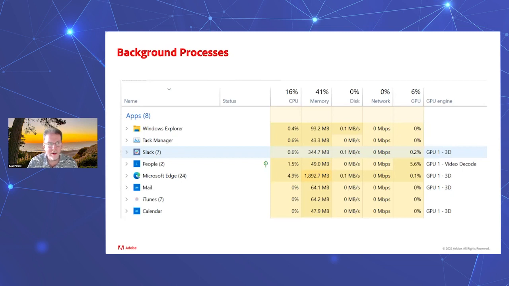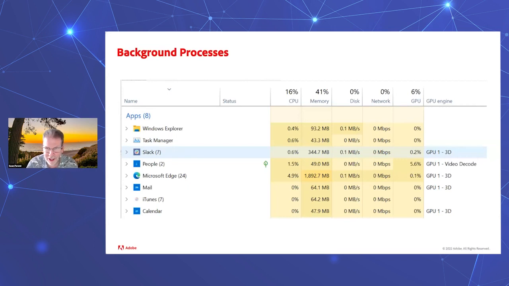This is on a 32 gigabyte machine, so it's not a particularly low-end machine or limited in RAM. So that has an impact. I was very surprised when I took the snapshot that my contact list is using 5.6% of my GPU, and it's using a video decode unit.